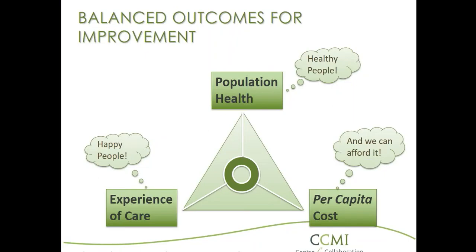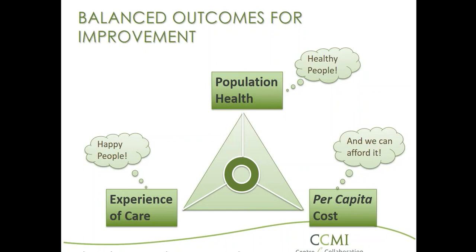It's important to know, too, that as part of the ministry's work, they have adopted what's called the triple aim, which is basically a very simple concept put together by the Institute for Healthcare Improvement out of Boston that says in order for any quality improvement effort to be successful, you have to have 3 major outcomes. You have to improve population health and have healthy people.